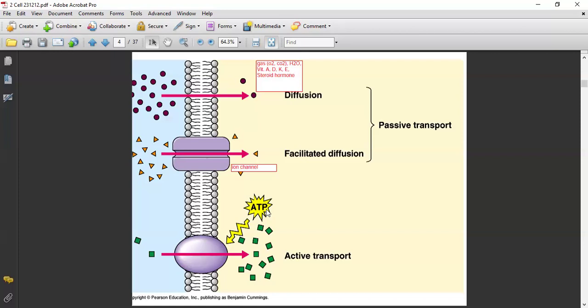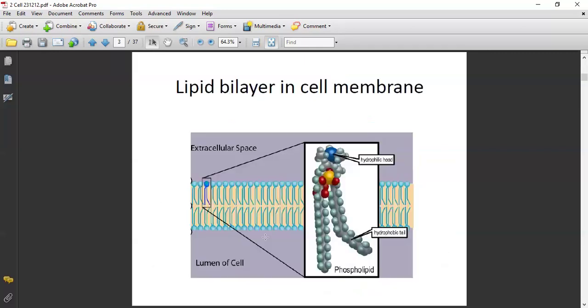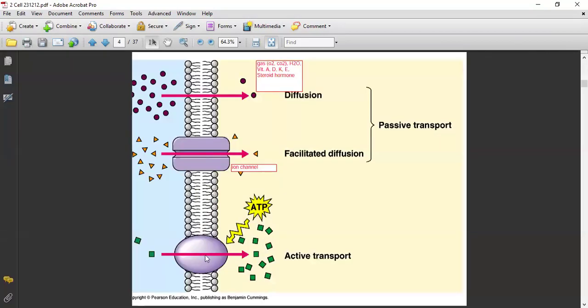And where do we get ATP? That is mitochondria, right here. We will talk about mitochondria. Its role is to produce ATP. And this pump is just one example of our cell using ATP to do its work.